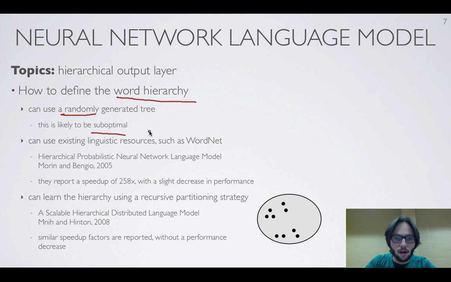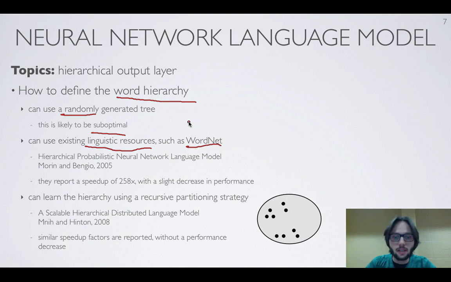It can still give decent results. Another approach is to actually use some linguistic resources, say WordNet, which is essentially a data structure for words where the words are organized in some tree, and the words that are semantically related or share certain senses are closer in that tree.